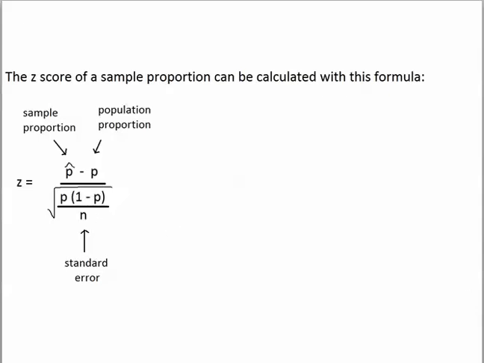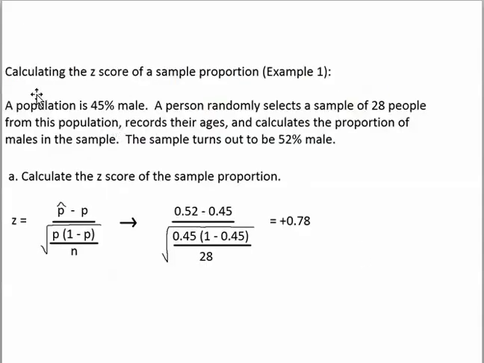Let's go through an example of using this formula. We'll take a sample proportion and turn it into a z-score. In this example, a population is 45% male, and a person randomly selects 28 people from this population, records their ages, and calculates the proportion or percentage of males in the sample. The sample that was selected turns out to be 52% male.